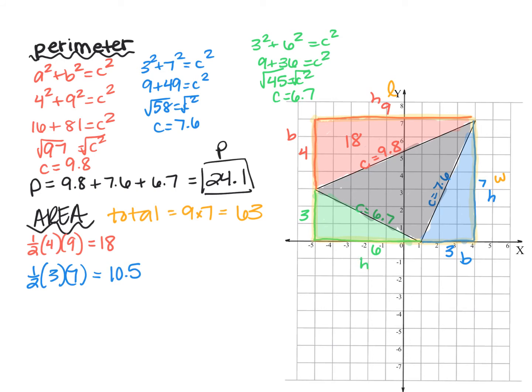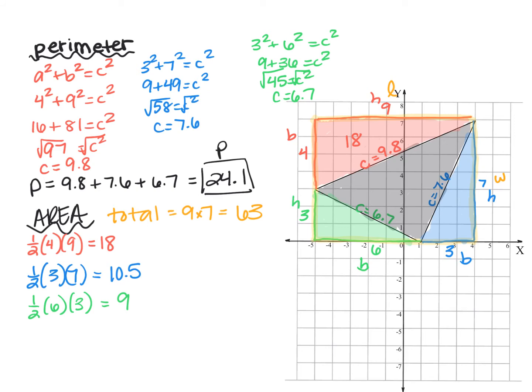I've got a base of 6 and a height of 3, or 1/2 of 18, which is 9. So these are all the parts of the triangle that I do not want to include. I only want what's left in the gray region.